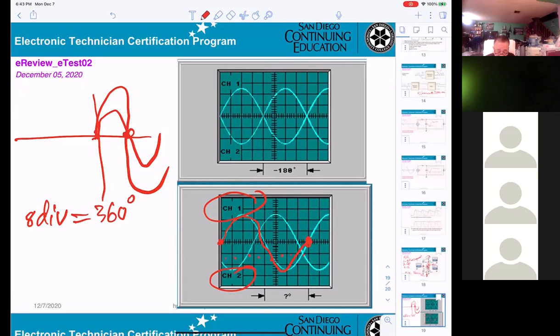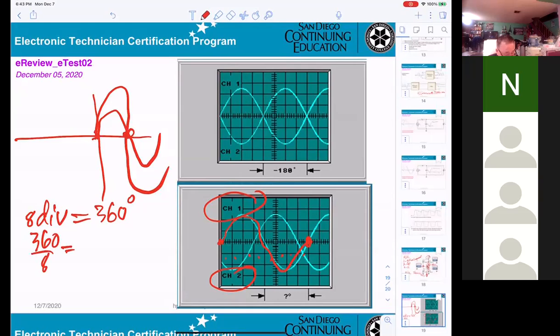So now one division is equivalent to how many degrees? 360 divided by 8, what do you get? 45. 45 degrees for each division.